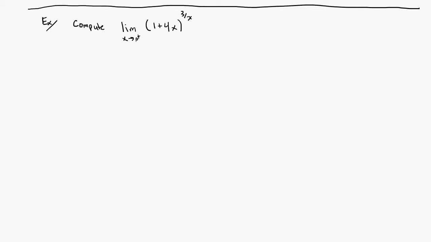First we check what happens when x goes to 0. As x goes to 0 from the right, 4x, which is just 4 times 0, goes to 0. And for 3 over x, x is getting smaller, so if you divide by a small number, the number gets bigger. So this goes to positive infinity.